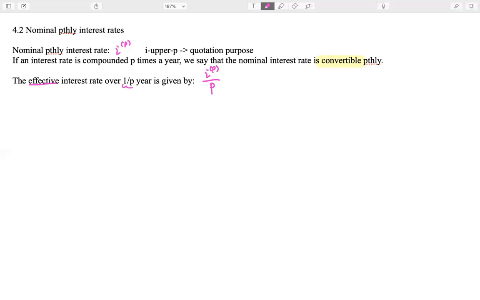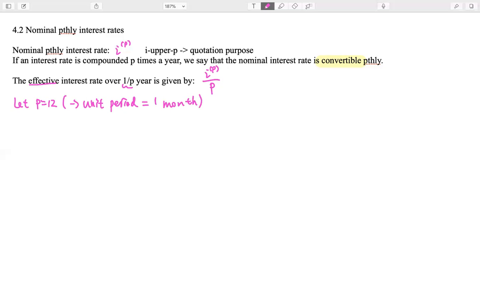Let's say an example. We want to compound 12 times a year, which means our unit period is 1 month.